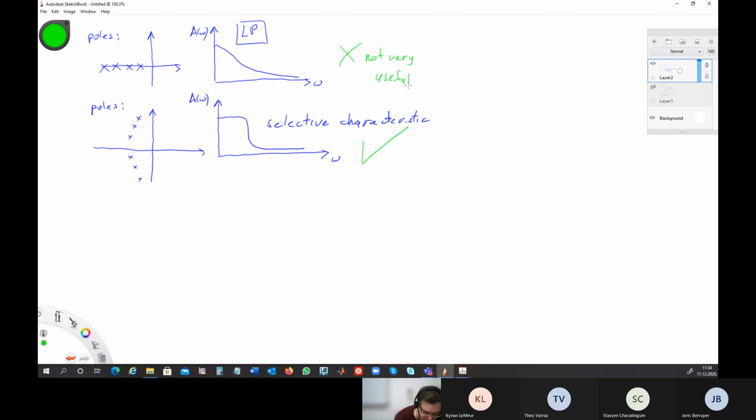And now comes another example, of a bandpass filter. This is low pass. Here is bandpass. In the example of a bandpass filter, how do we obtain it? We start from low pass.